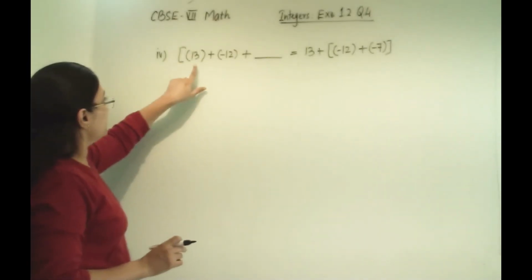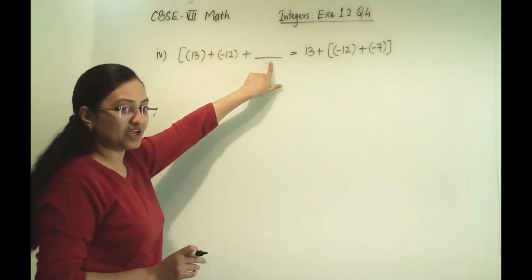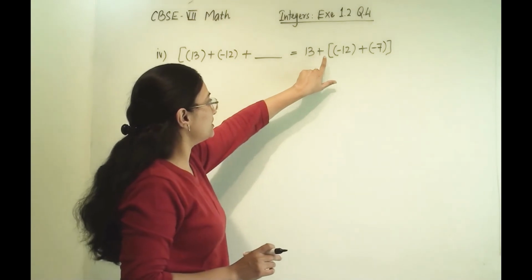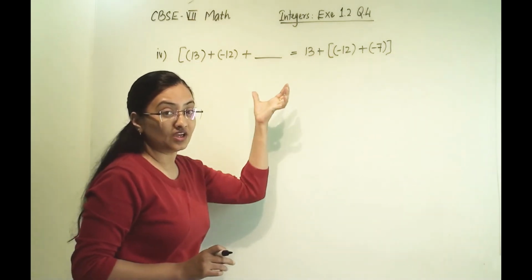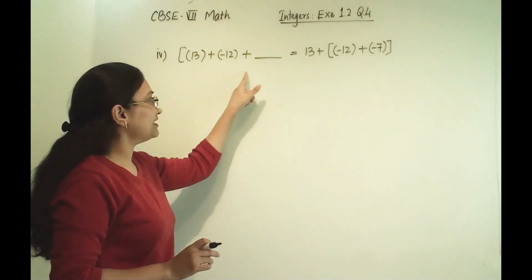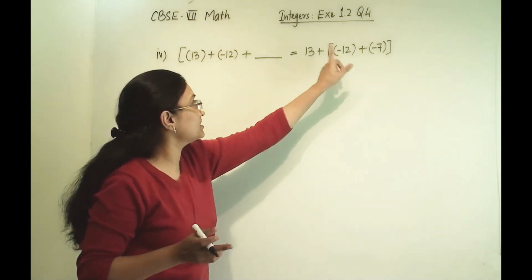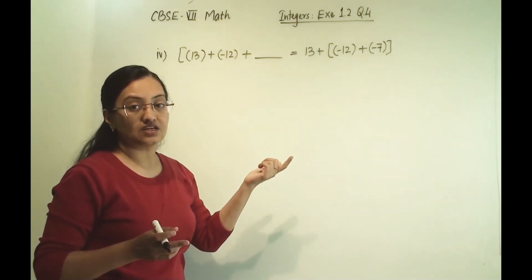Moving towards the fourth question. In this, they have given 13 plus minus 12 plus a blank equals 13 plus minus 12 plus minus 7. If all the integers in this were positive, then we could have just written 7 here. But in this the negative integers are also there.